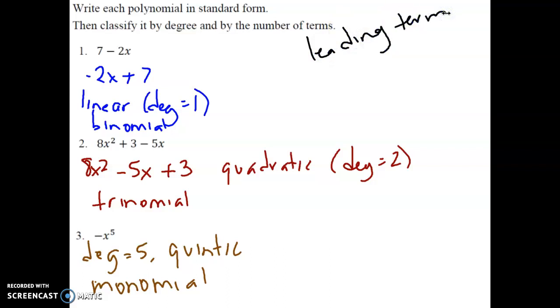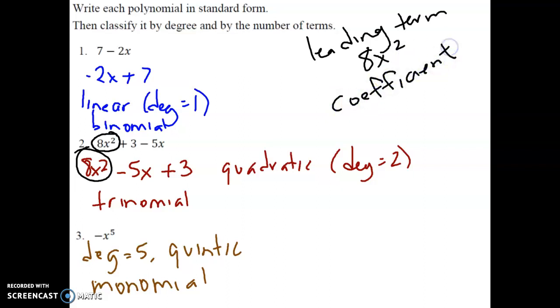The leading term is the one with the highest exponent, no matter what order it's written in. And the highest exponent in this case is 2. So my leading term is 8x to the second. And if I am asked for the leading coefficient, it's going to be the number in front of that x to the second, which is 8. My leading coefficient in this case is 8.